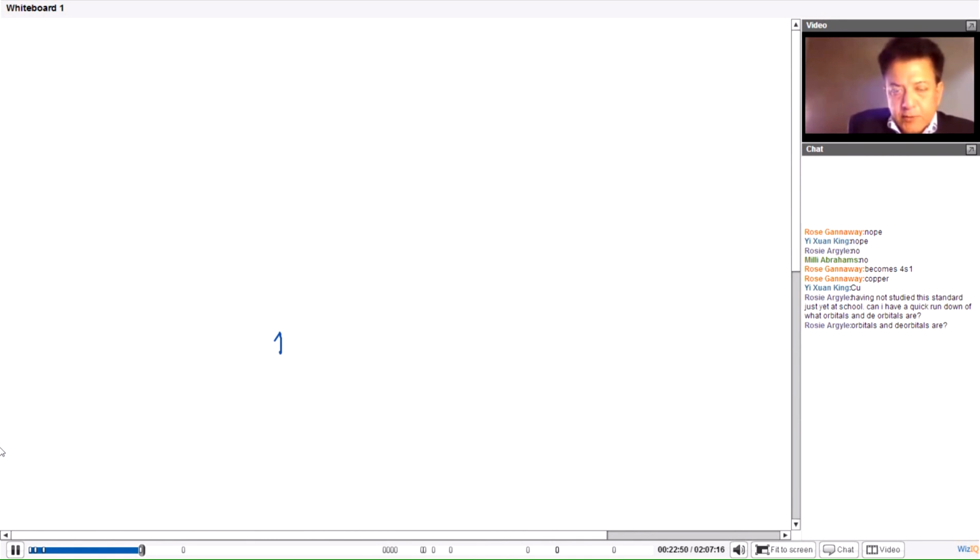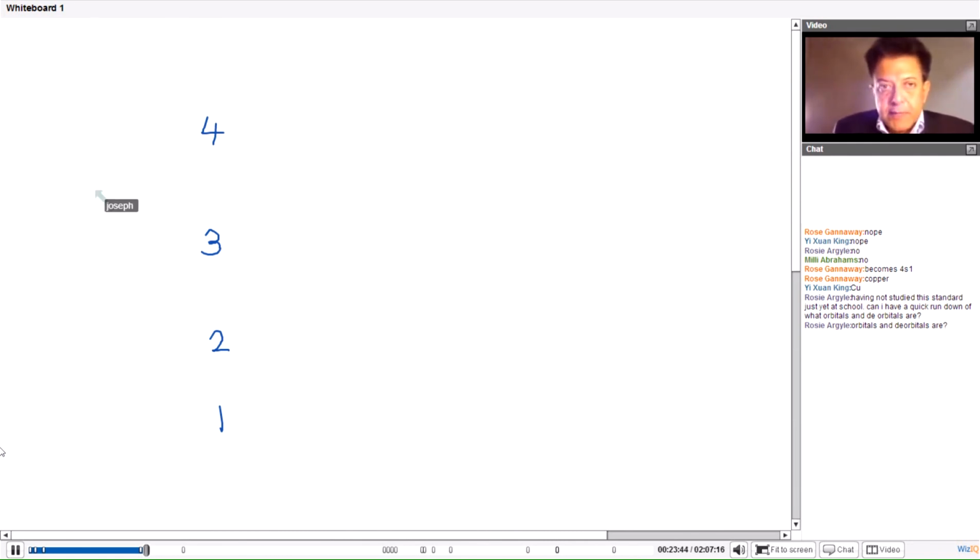I'll draw it with some space between them, not to scale, for a good reason. Those are the quantum levels in an atom. You would have done some of this in your level 2 work, okay? The quantum level 1, quantum level 2, quantum level 3, quantum level 4.